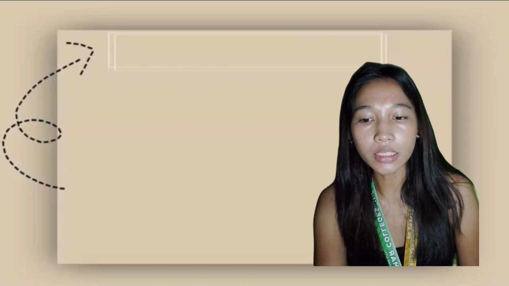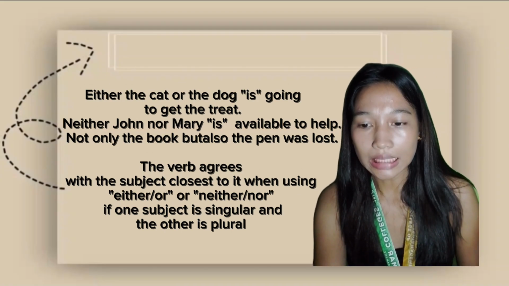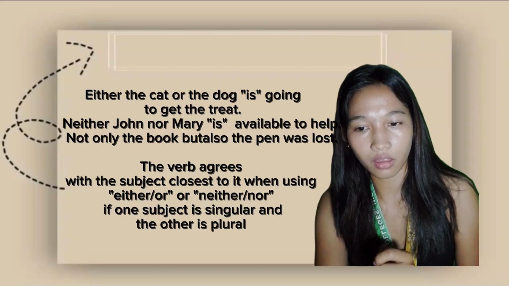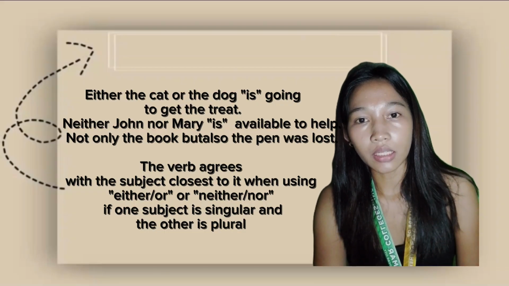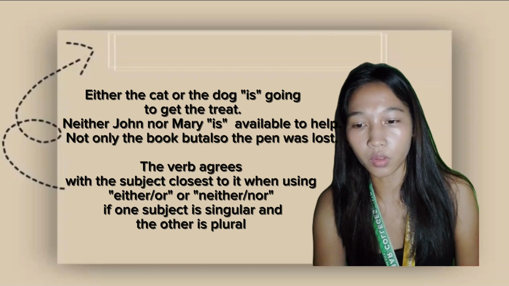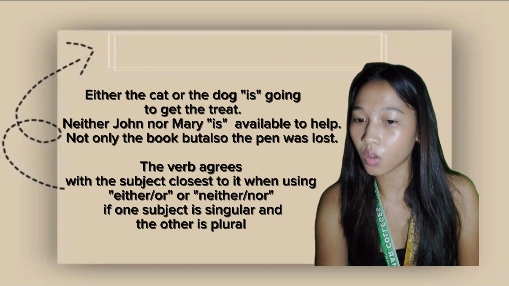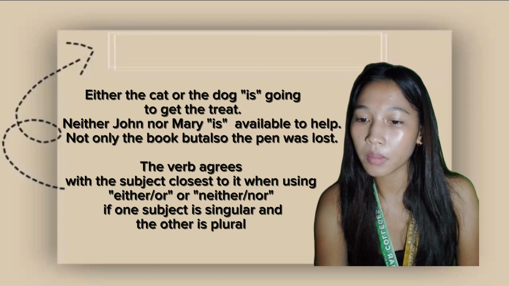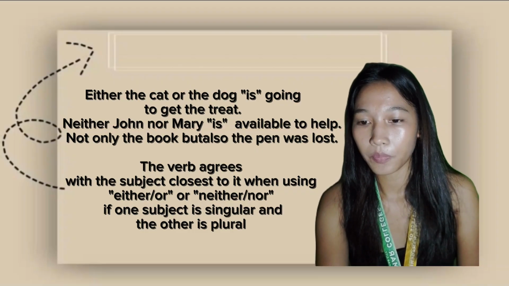Examples: Either the cat or the dog is going to get the job. Neither John nor Mary is available to help. Not only the book but also the pen was lost.